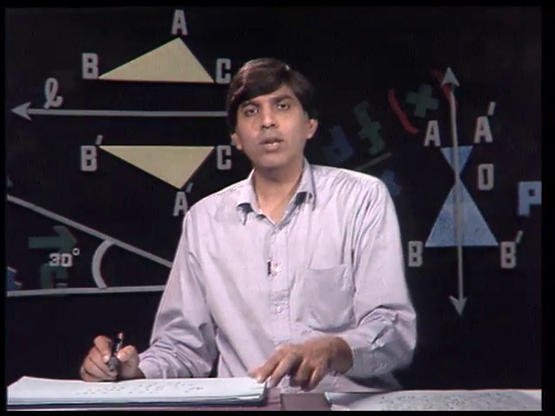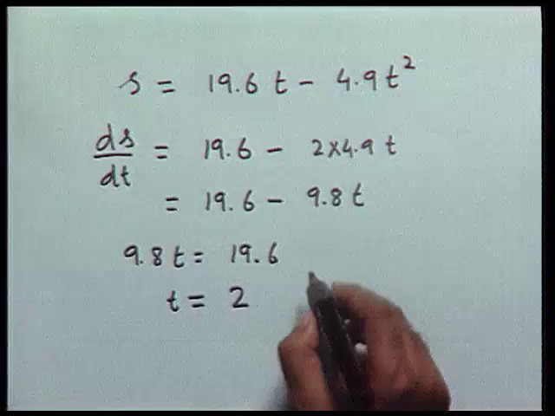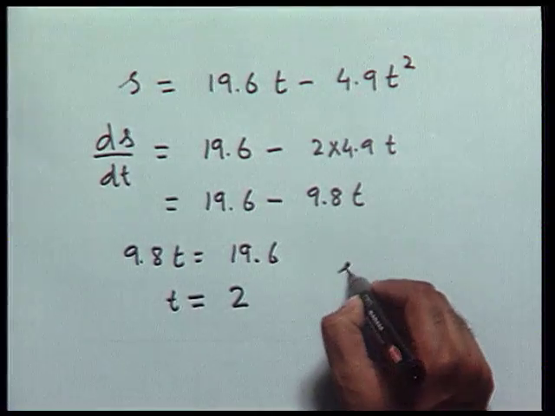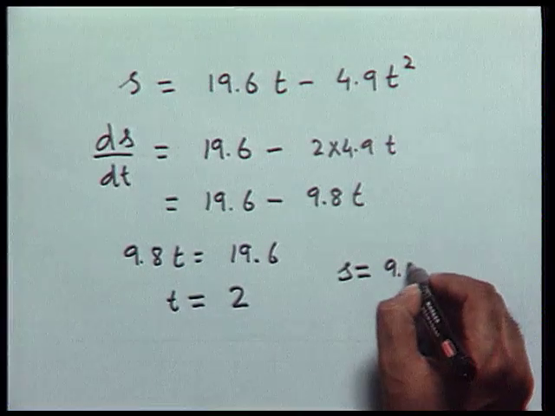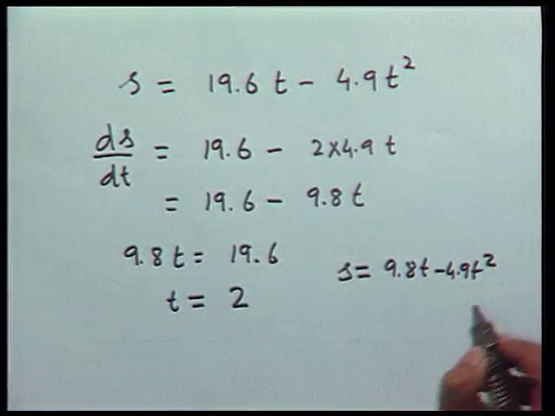What was our problem? Our problem was to find the height of the second stone when the first stone had reached maximum height. The first stone reaches maximum height at t equal to 2, and therefore the height of the second stone is to be found at t equal to 2. The expression for the height of the second stone is s equal to 9.8 t minus 4.9 t squared.